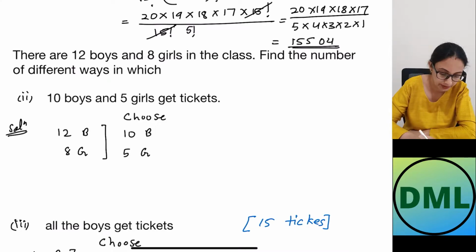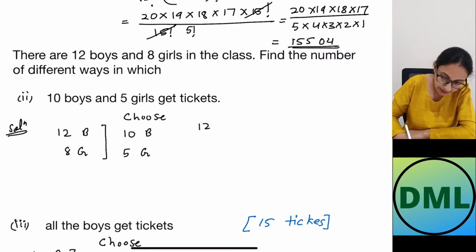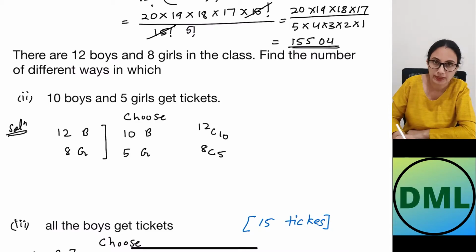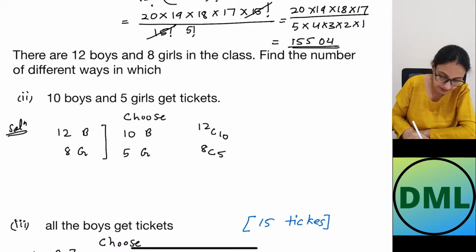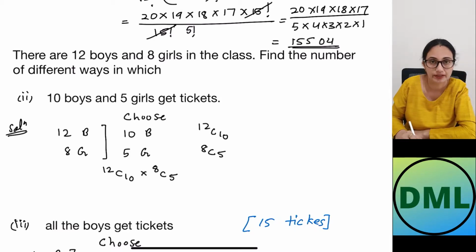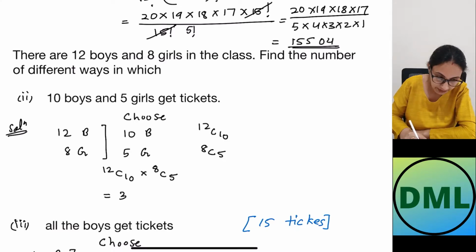So this can be done in 12C10 and 8C5 ways. But you are doing it together, so we have to multiply our answers. So it will be 12C10 multiplied by 8C5. If you put it in the calculator and solve it directly, your answer will be equal to 3696.